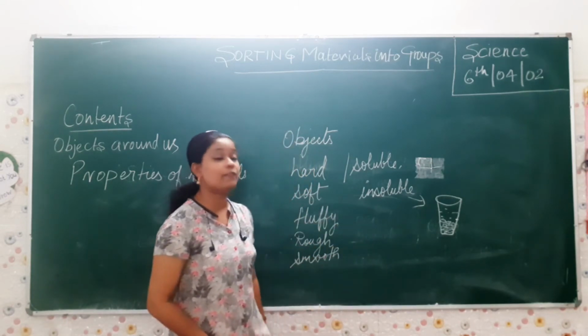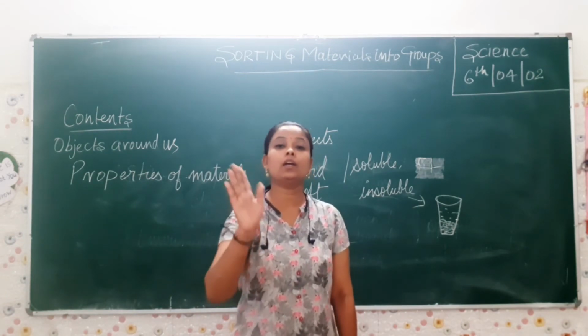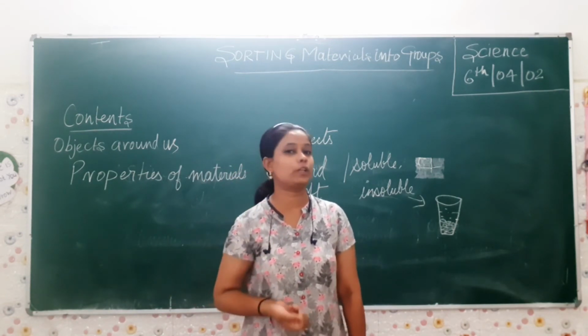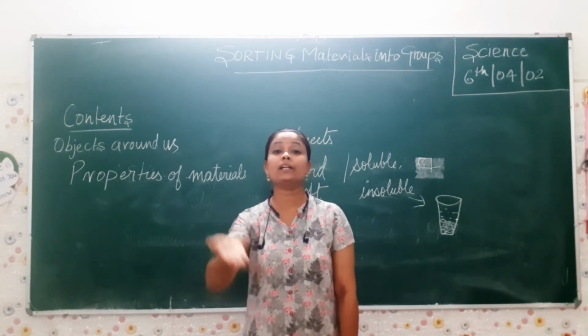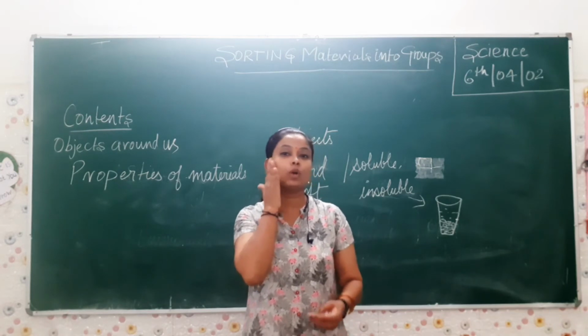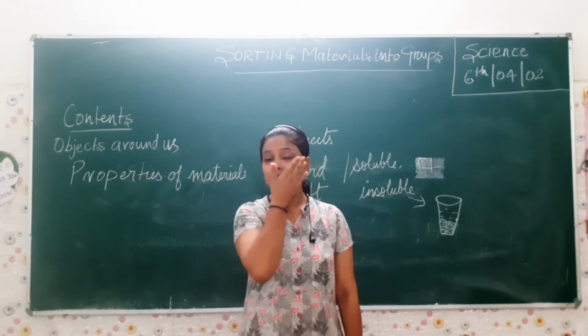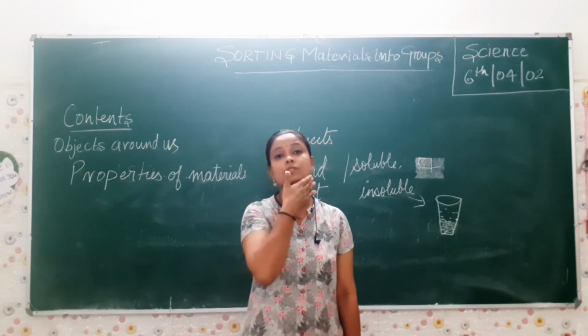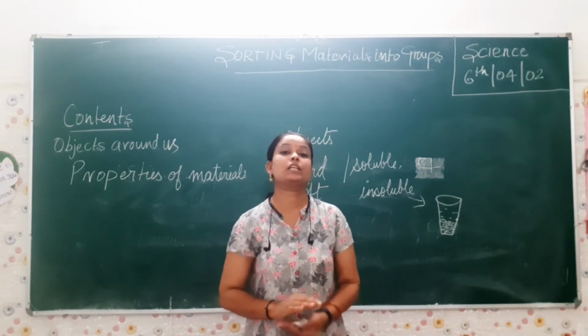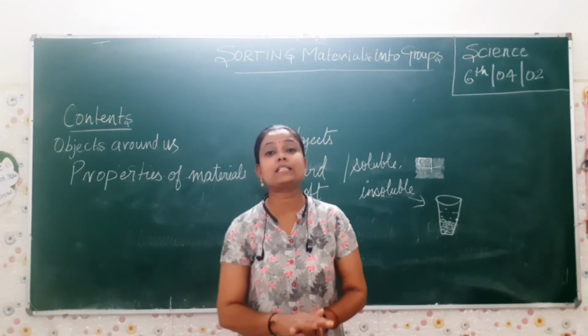Next, what do we have? Smooth surface. Now, just take your hand, right or left, whatever you want, and try to move your hand over your cheeks, both the sides. Now, can you feel something? Yes, as your hand moves nicely in a smoother way, it means your skin is smooth.